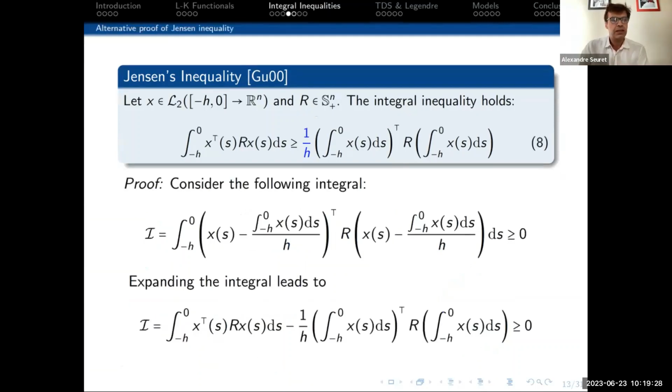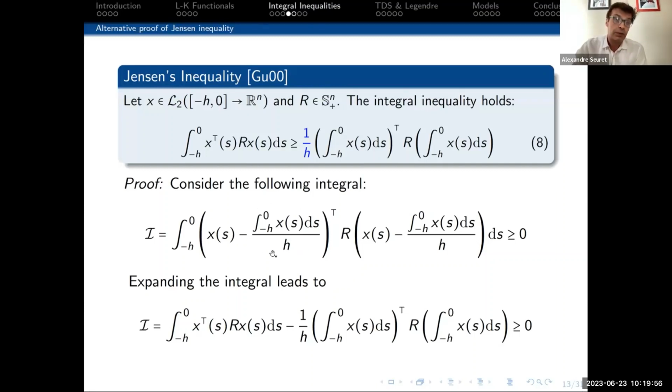So to give you an idea of how to do that, let us consider a simple proof of this Jensen inequality. The proof relies on the computation of this quadratic term. This quadratic term is expressed as the difference between the x function and its mean over the delay interval.